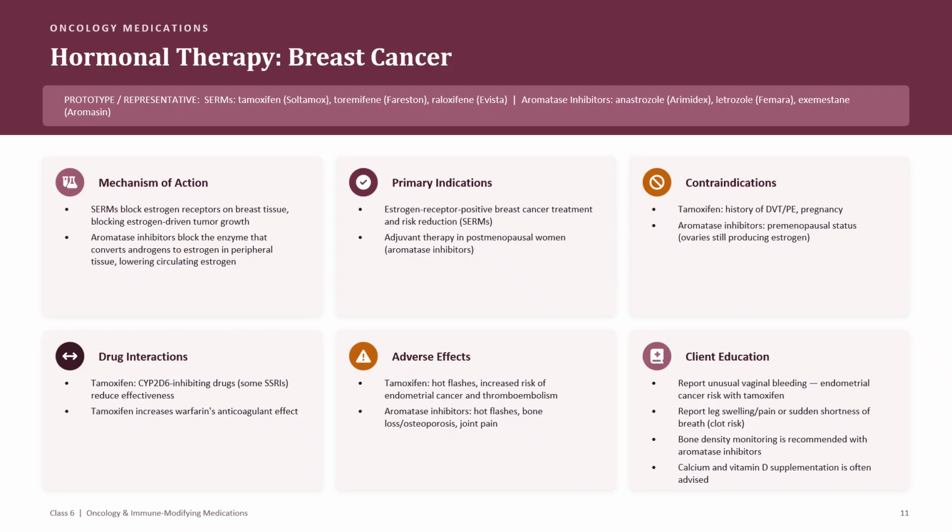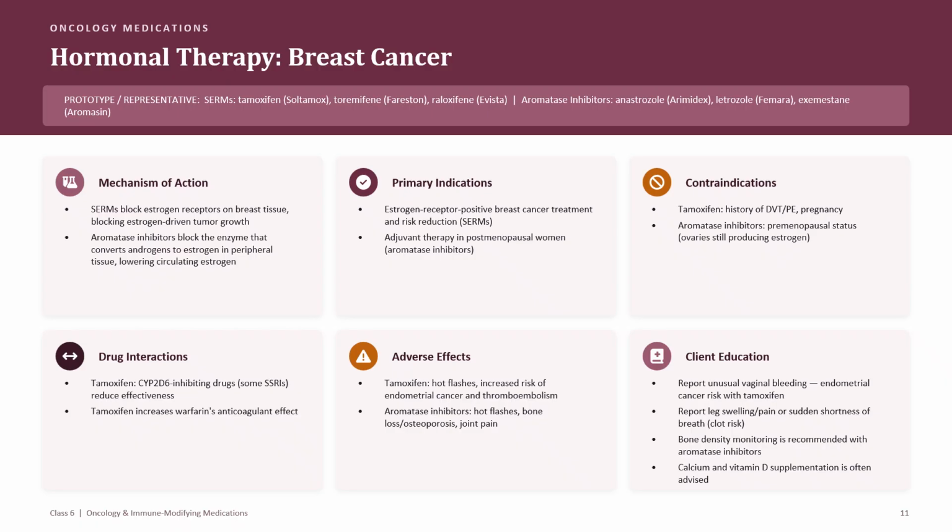So that peripheral conversion becomes the main remaining estrogen supply. And that's exactly the piece that this medication shuts off. So with use of it in premenopausal women, the ovaries are just going to keep making estrogen anyways.